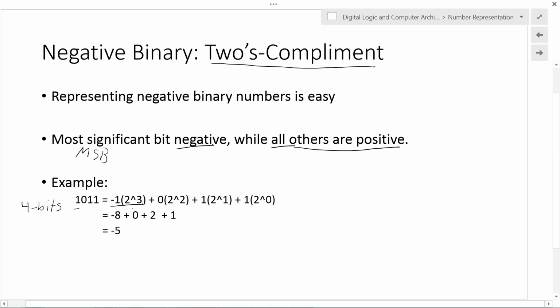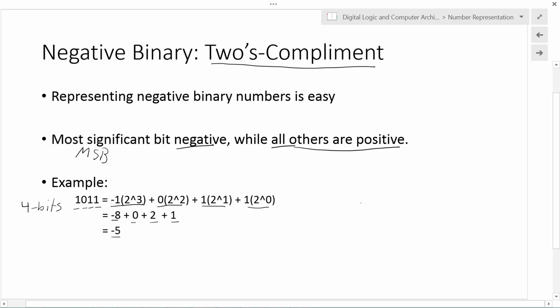All other bits are positive or 0, so 0 times 2 squared. Positive 1 times 2 to the first. Positive 1 times 2 to the 0. This gives us negative 8 plus 0 plus 2 plus 1 for a total of negative 5.